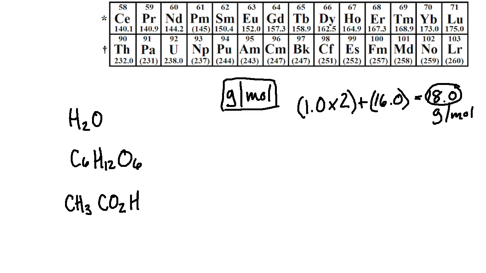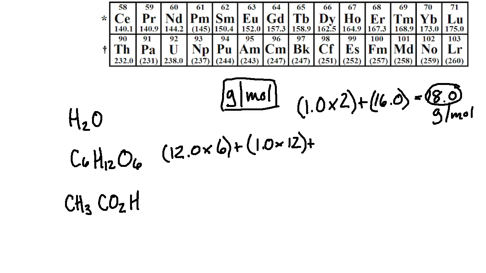All right, so hopefully everybody had a chance to work on this. The first one here, carbon, if you look at your table, should be 12.0. Again, if you have a more specific table, it might be 12.01, with some extended decimals. Then hydrogen is going to be 1, like the previous example. In this case, we have 12 of them.